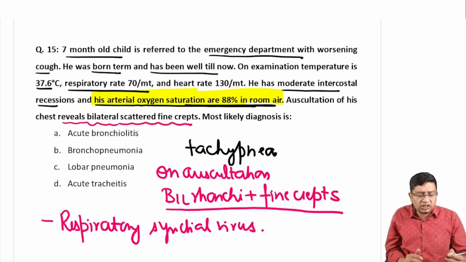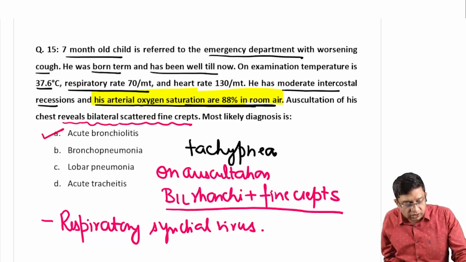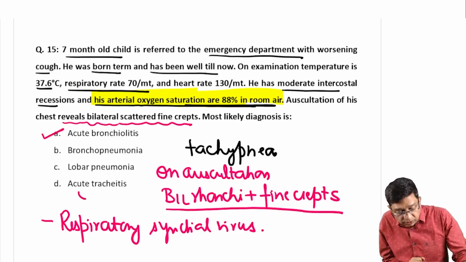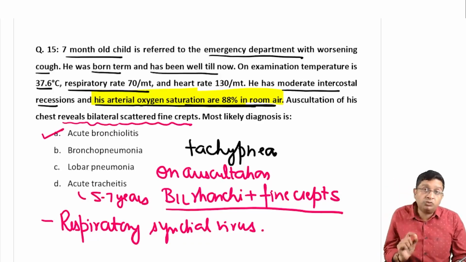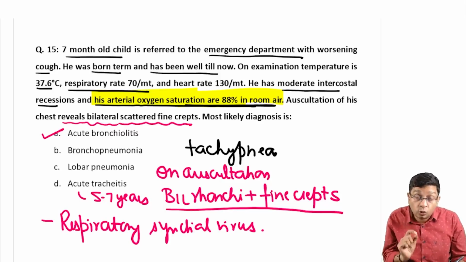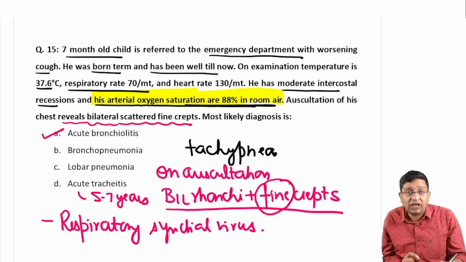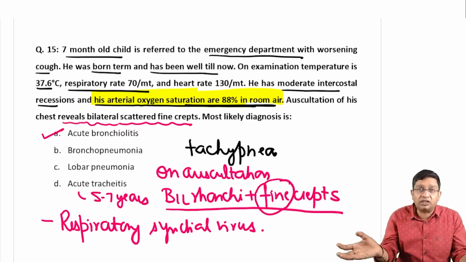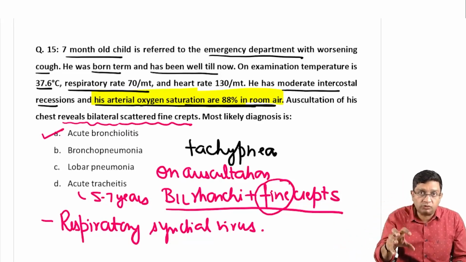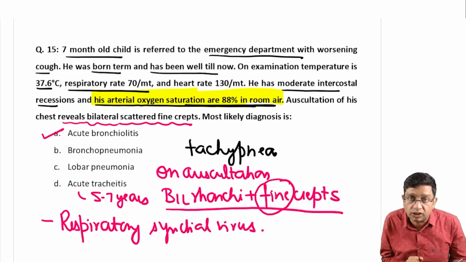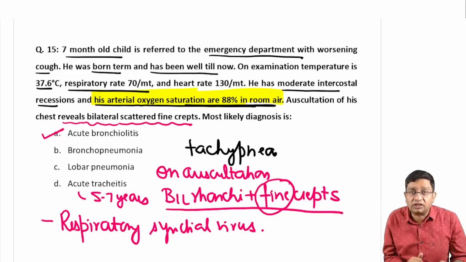So this is a clear cut case of acute bronchiolitis. Acute tracheitis is not this age group. Here the age group is 5 to 7 years. In bronchopneumonia you will get coarse crackles, not fine crackles, and lobar pneumonia is not bilateral, it is limited to one lobe. So this is a clear cut case of acute bronchiolitis.